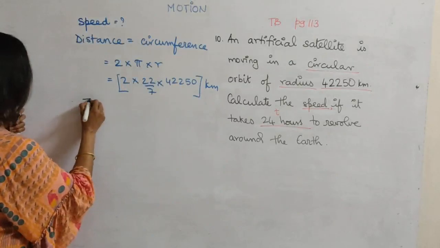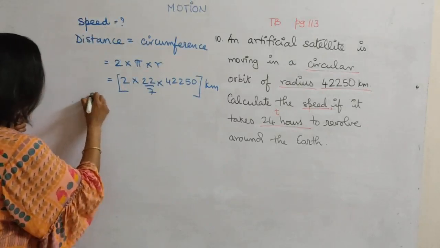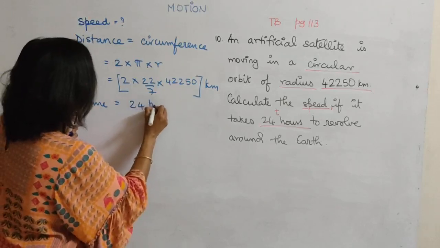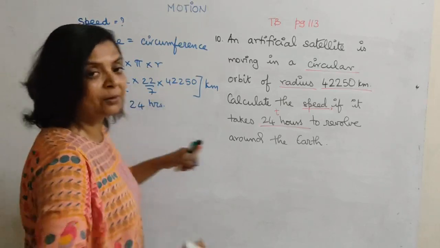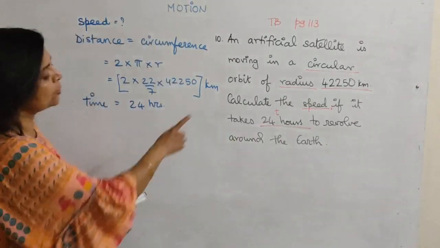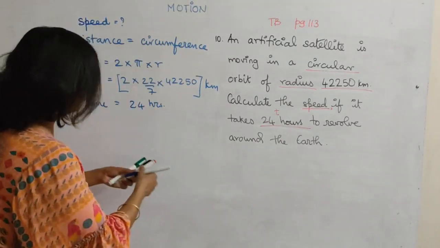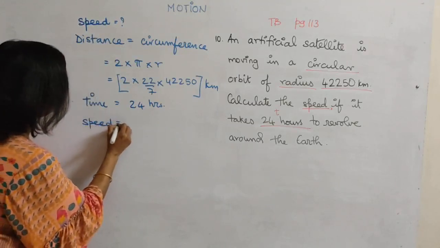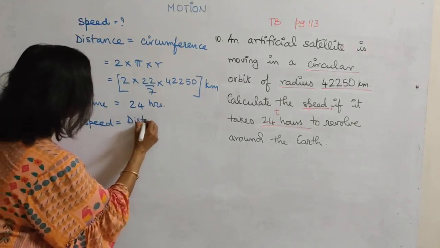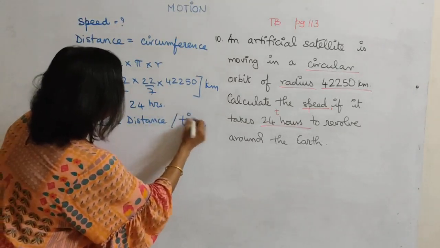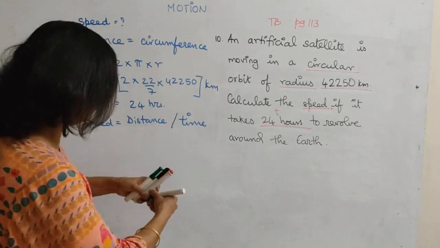The time taken is given straight away as 24 hours. Don't be surprised if it is given as 1 day and you have to convert it into 24 hours. Well, now speed is equal to distance upon time. We've known this formula really very well.